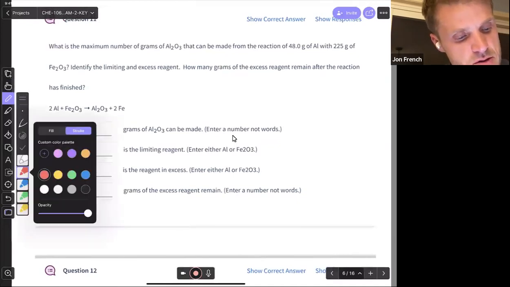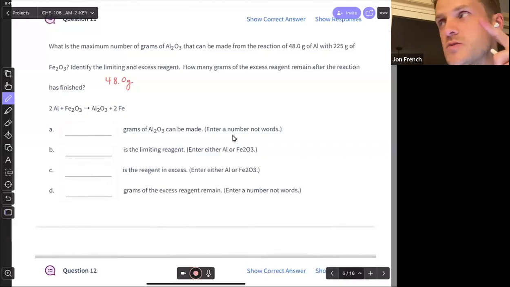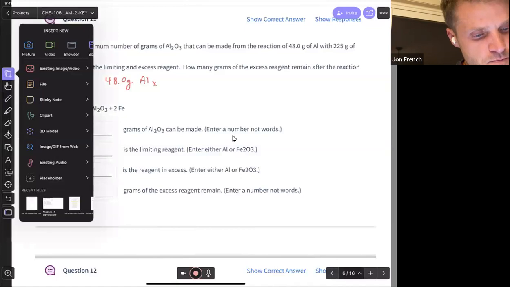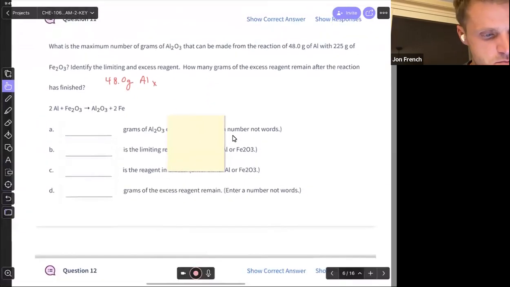All right, we're going to start with the aluminum. I've got 48 grams of aluminum.